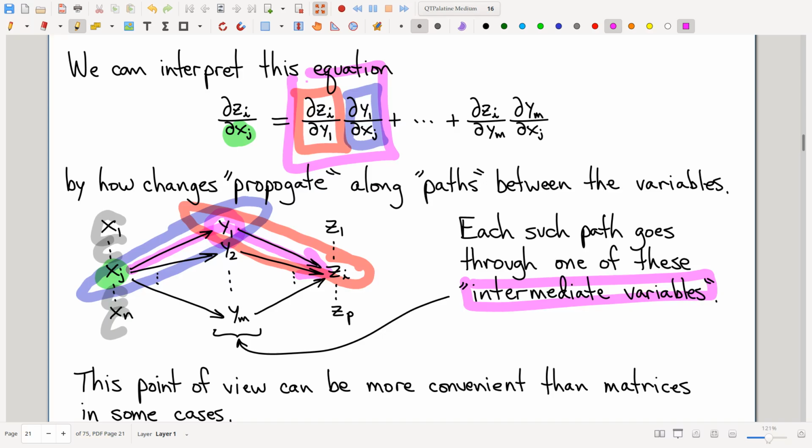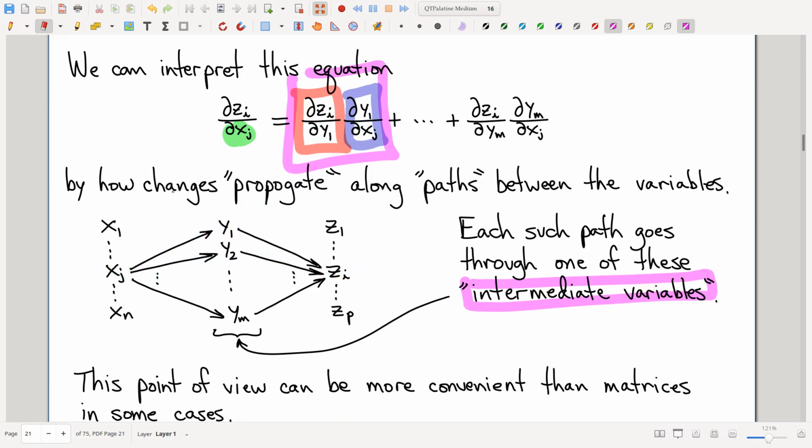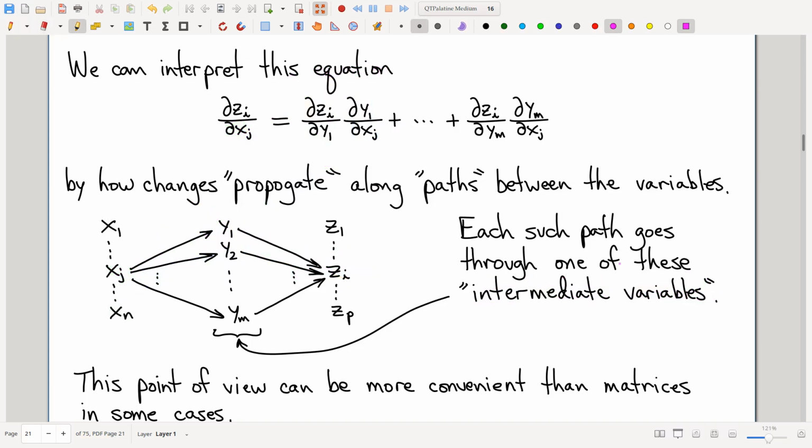Everybody buying it? So this is the beautiful thing about it. Let me show you what the interpretation punchline is. For every intermediate variable, there's a corresponding path and therefore a corresponding term. The intermediate variable always goes there and there. It's always the same.